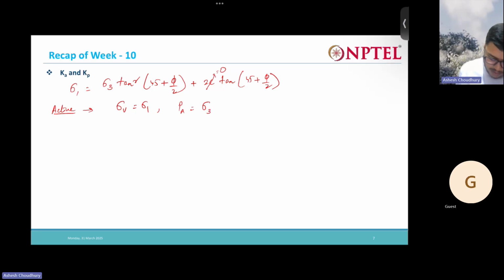So if you put it in, you will have sigma V equal to PA tan square of 45 plus phi by 2. From here I can get PA equal to 1 by tan square of 45 plus phi by 2 times sigma V, so I can write PA equal to K times sigma V.